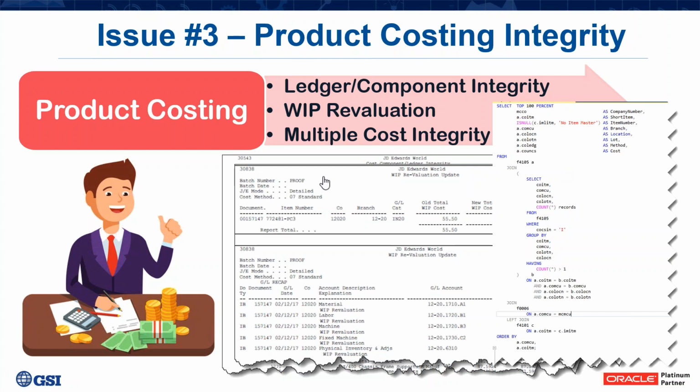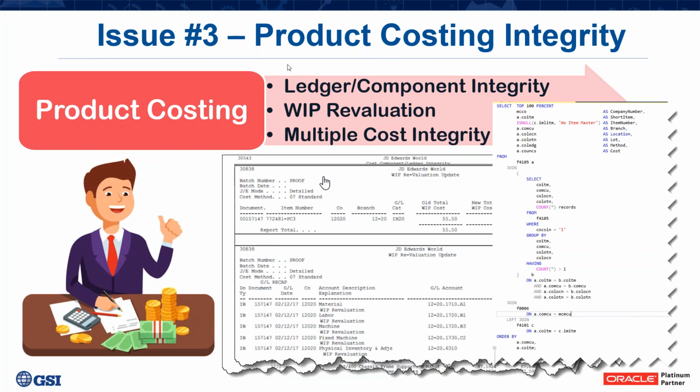Again, I would not expect that if you ran this on your system that you would get 10 pages of problems. You might get one or two items. You will most likely get nothing, which is a good thing. Okay, but you might find one or two things. And depending on how you write your inventory report, you could be double counting or triple counting things. So you just have to be careful and make sure that these things are taken care of as well.